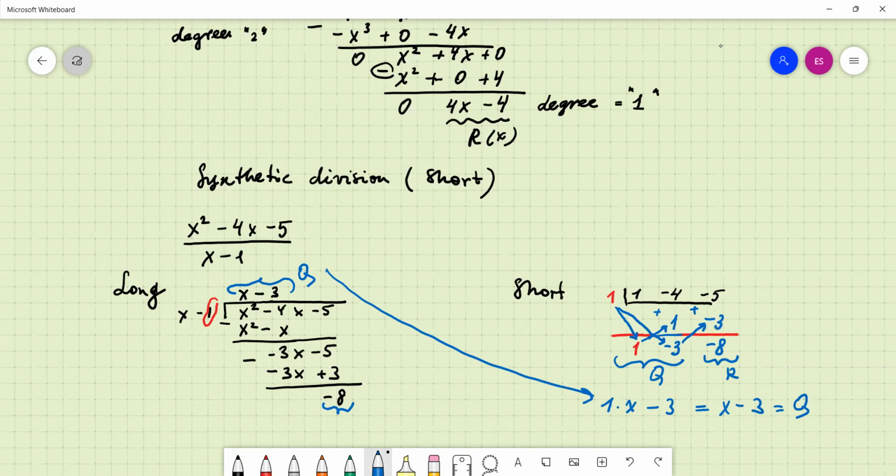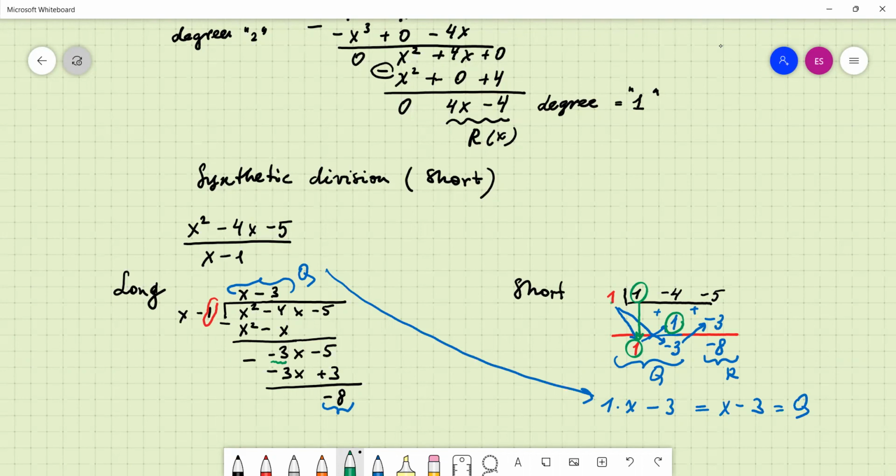So one more time, you bring this 1, the first number you have, down here, and then start doing multiplication. Multiply 1 by this down number and copy the result here. And then add it to the top number, minus 4 plus 1, minus 3. By the way, this minus 3 is this one.